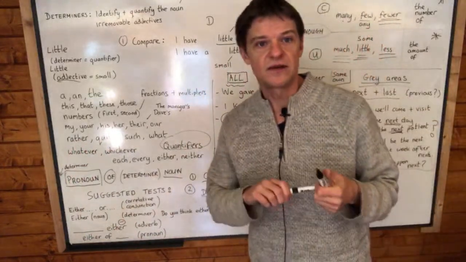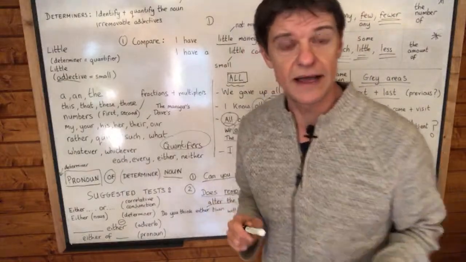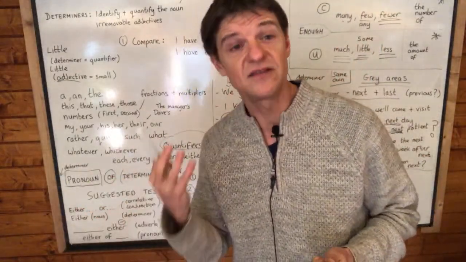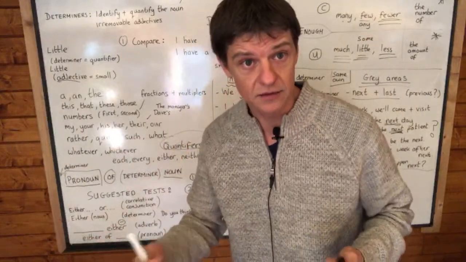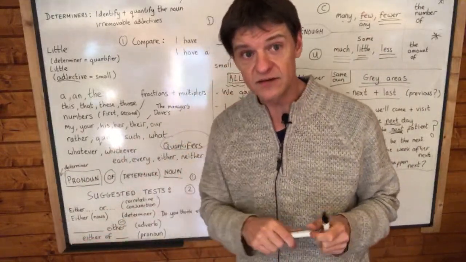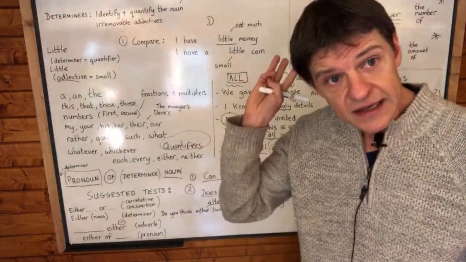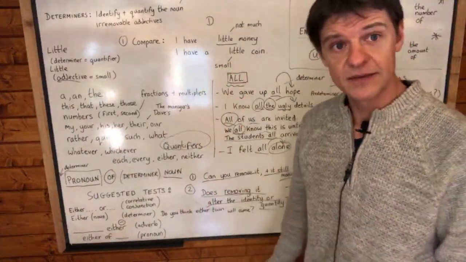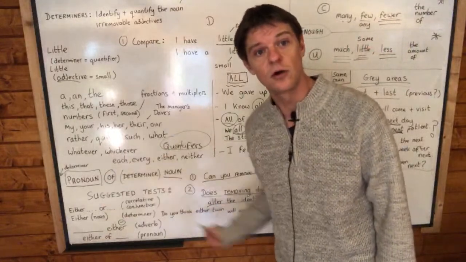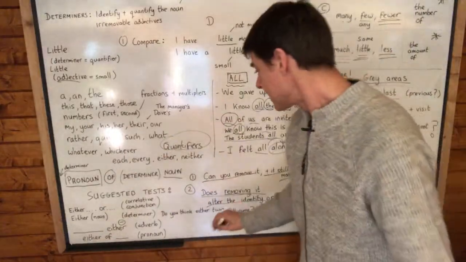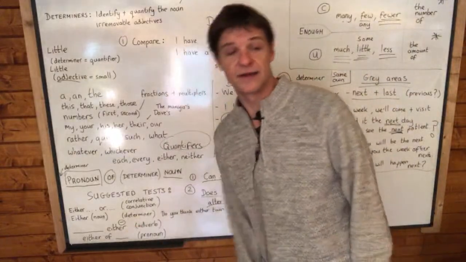So you say something like this, you don't like him and I don't like him either. And then either means additionally, as well, also. And when it means as well, additionally, also, just like those three words, it's an adverb. It's describing the whole clause and it's saying in addition, basically, additionally. So that's another way either can be used.